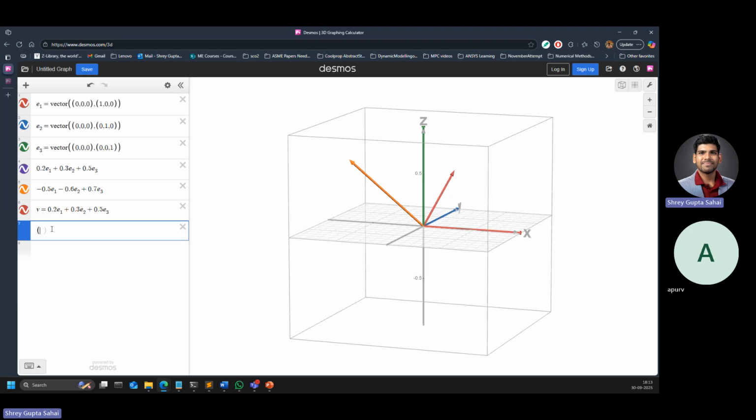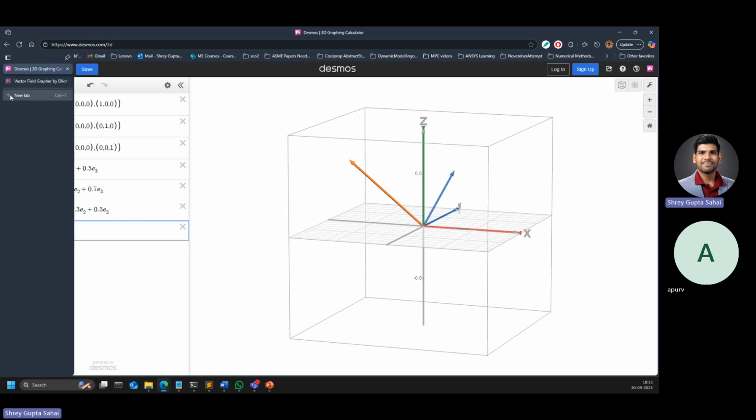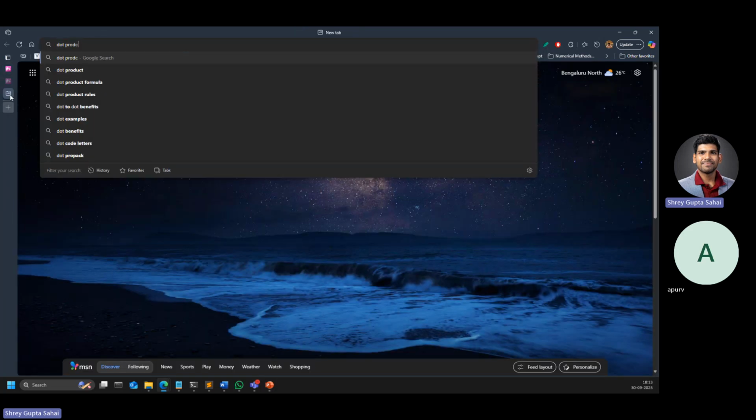Then you would know that if you want to get the transformed vector, you do this. I don't know if it will have dot products or not. Let me pick dot.